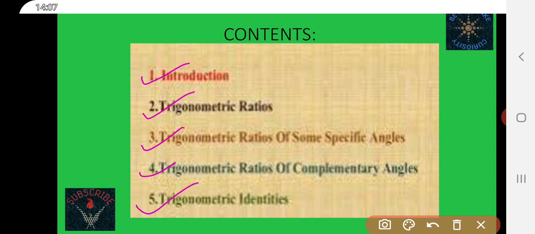Fifth, trigonometric identities. So, today we shall study about these 2 points, that is introduction, and second is trigonometric ratios. So let's go.